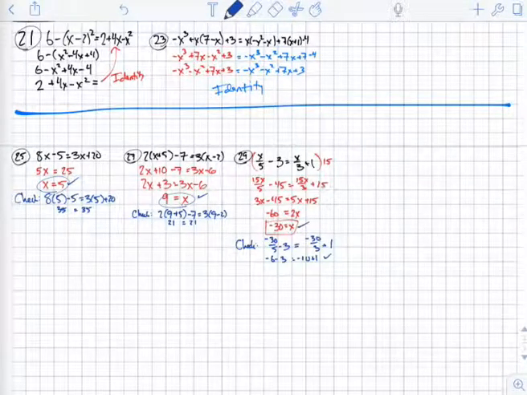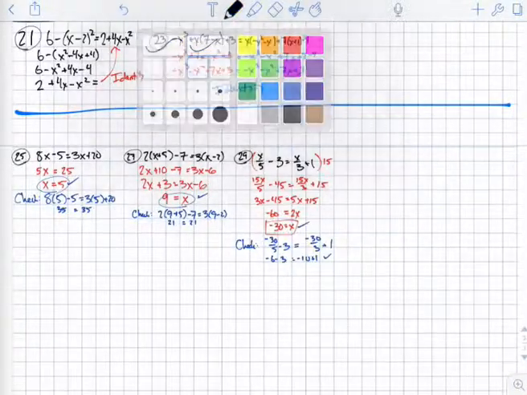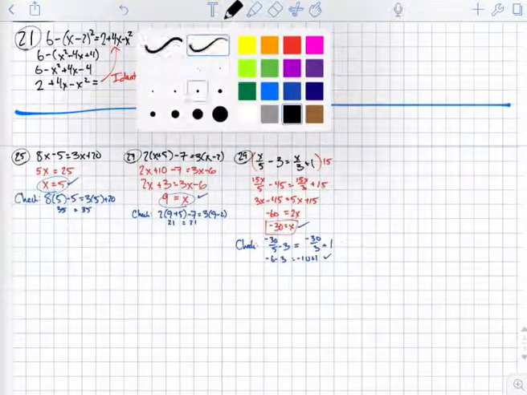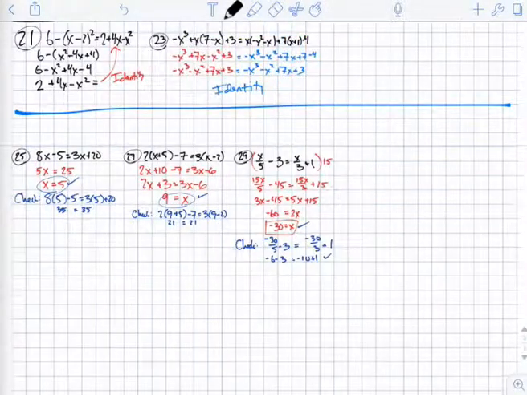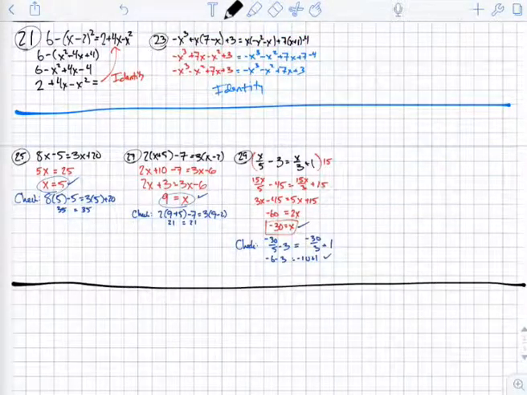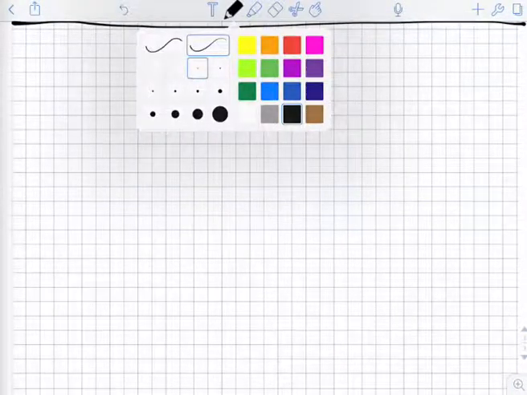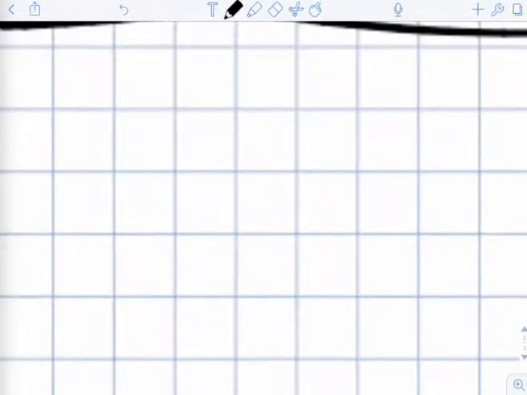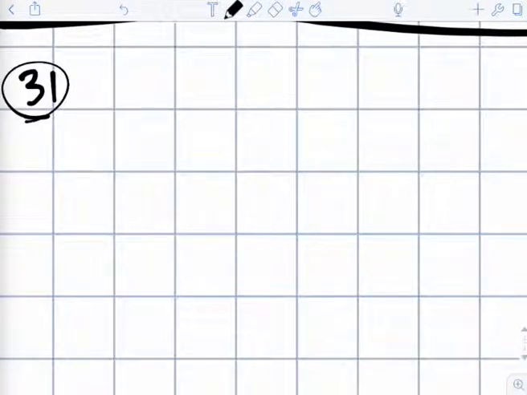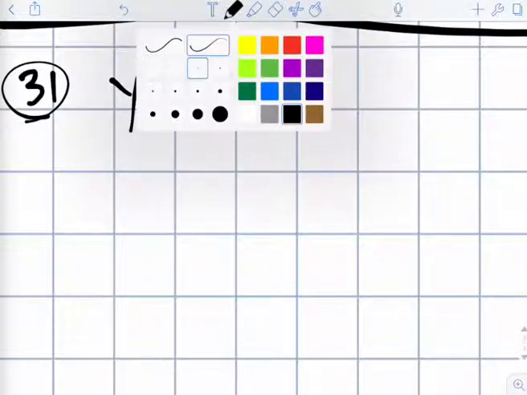Moving on to 31 through 35. All right, so 31 through 35 is all about finding x-intercepts. Find the x and y intercepts, so y is equal to 3x minus 1.